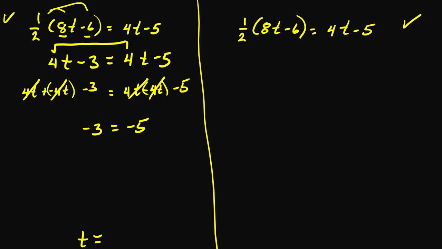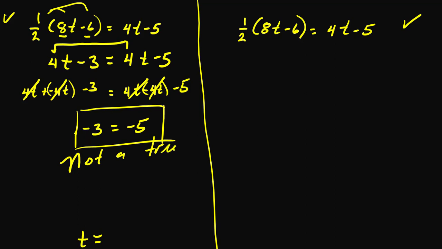This is not a true statement. If I get something like this and it's not a true statement, that means there are no solutions to this. There is no value of t that will make this equation true.